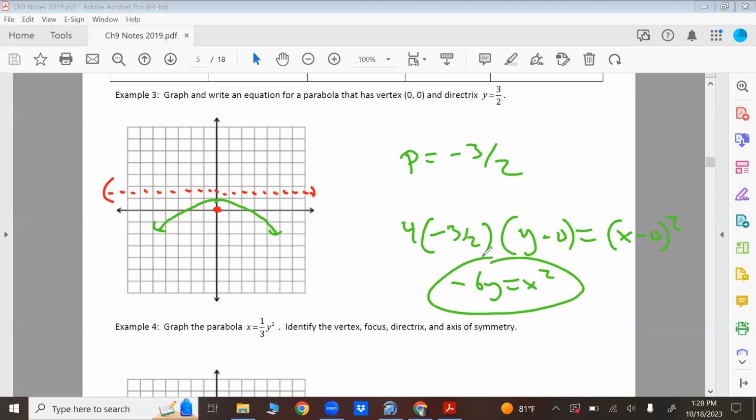I still think they are not wrong, because the vertex is here. Vertex is 0. That means that... no. Focus is here. Oh, yes. Okay, we're cool? You good? All right, let's look at example 4.